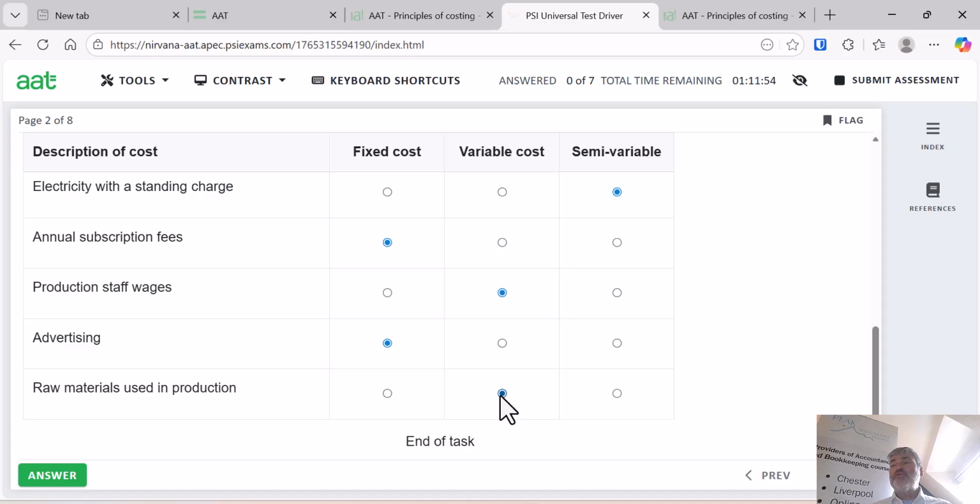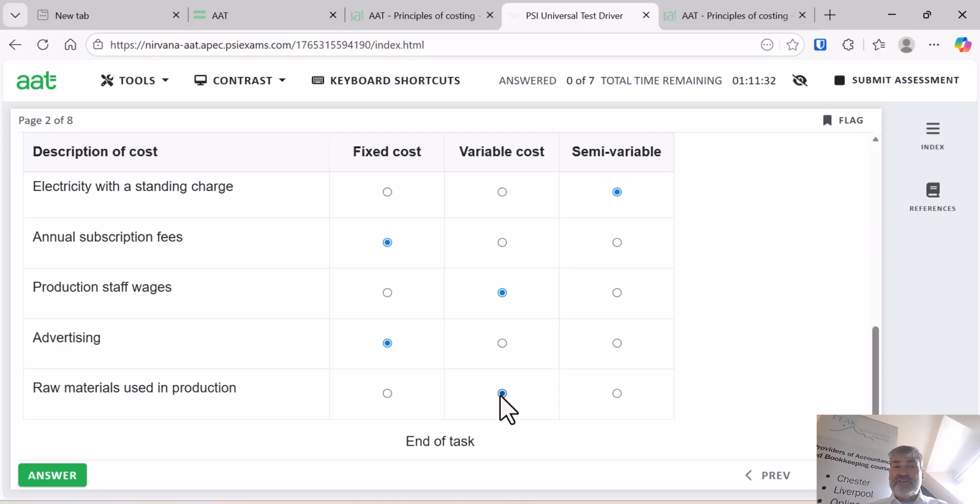But we will get to a point maybe where we have to make a decision that we just don't have the building capacity to expand our operations anymore unless we take on extra premises. If we do that, there will be a step in the fixed cost base.